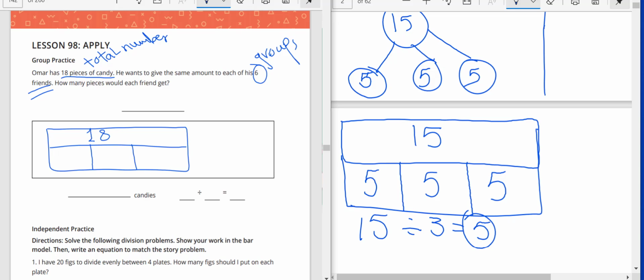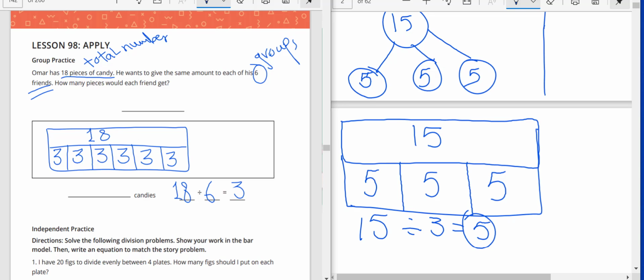Then we divided each part into halves. Now we have 6 equal parts. Each part will get how many candy? Okay. The division equation will be 18 divided by 6 equals what? From timetable equals 3. So each friend will get 3 candies.